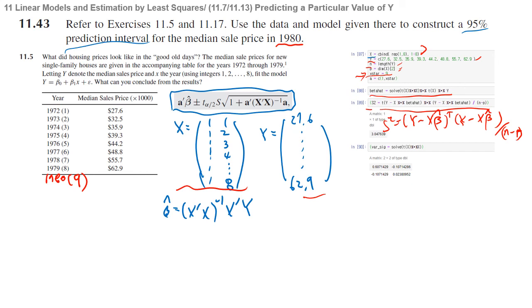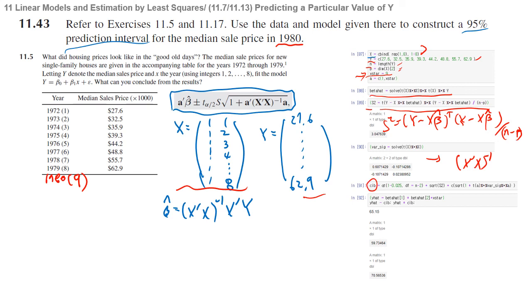This is the X transpose X inverse calculation, and with these numbers we can calculate the prediction bound, which is this. Here the qt value is this, the square root of s squared is here, and this part is this part.